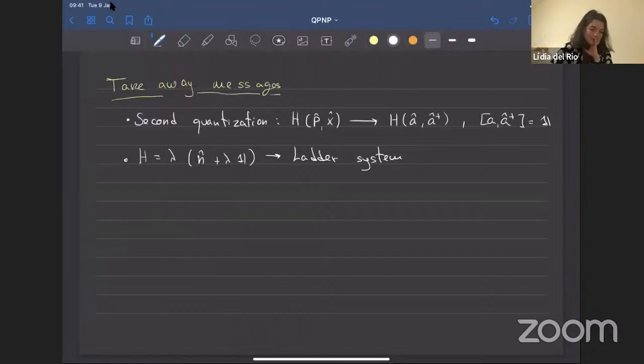And in this case, we know that we have these energy eigenstates being equally spaced. Sorry, this should be a different constant here. Otherwise, it's a bit boring.